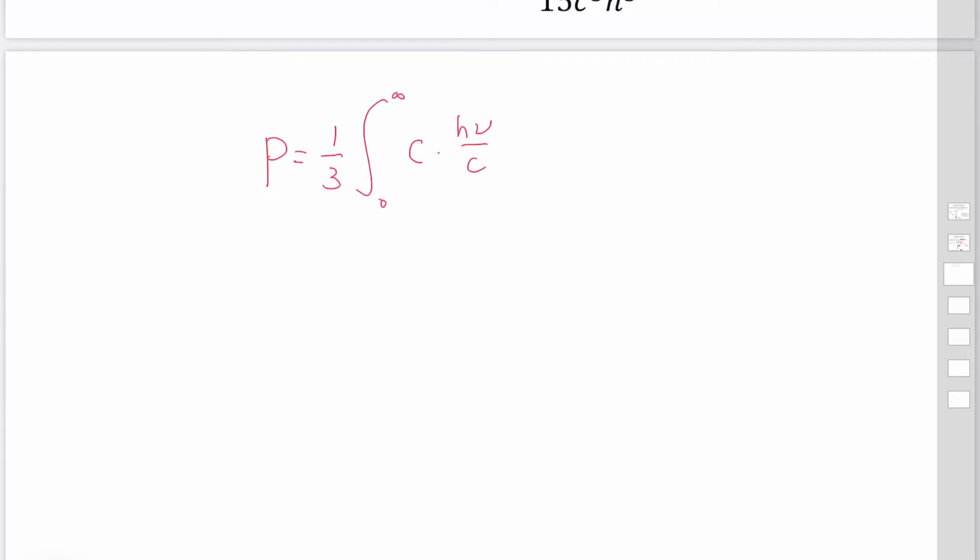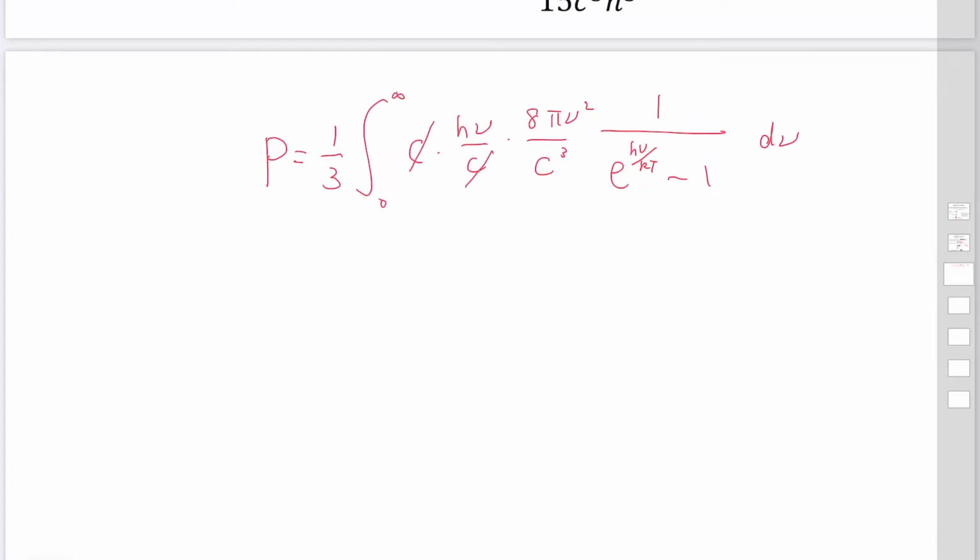And the distribution function is 8 pi nu squared over c cubed, times 1 over exponential of h nu over kT minus 1, d nu. So c is going to be cancelled out.